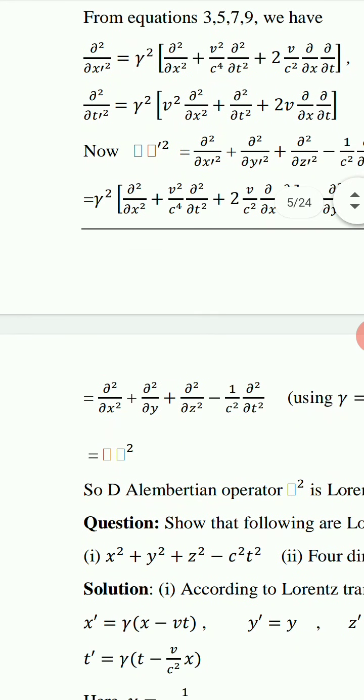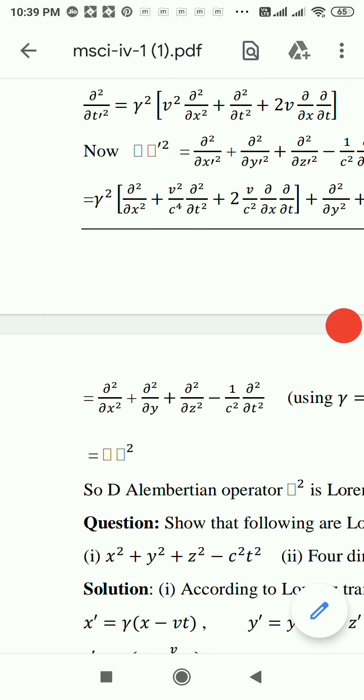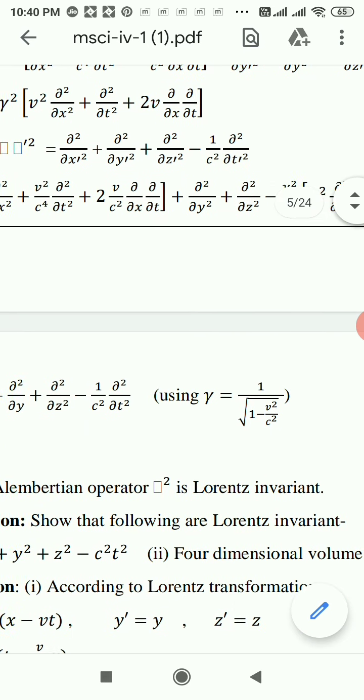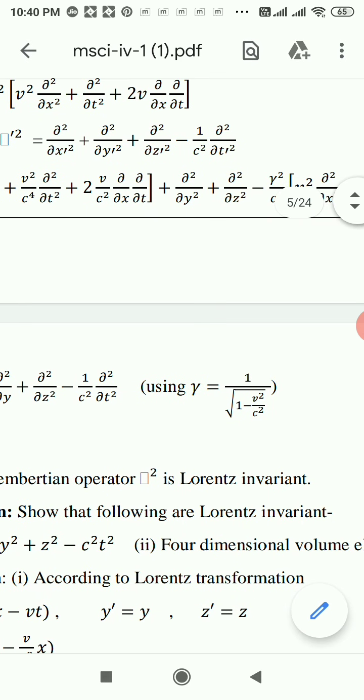comes out to be d2 by dx square plus d2 by dy square plus d2 by dz square minus 1 upon c square d2 by dt square, which is del square, the D'Alembertian in S frame. So we can say that the D'Alembertian operator del square is Lorentz invariant.